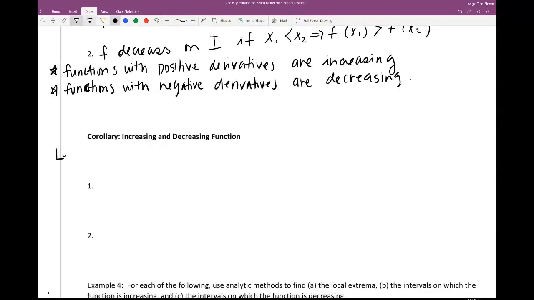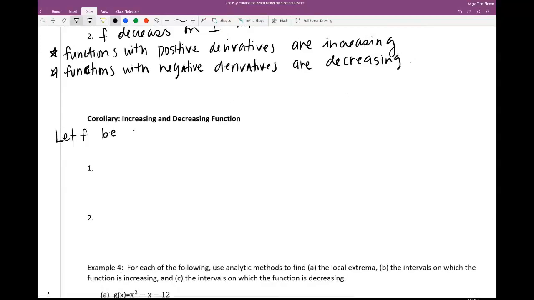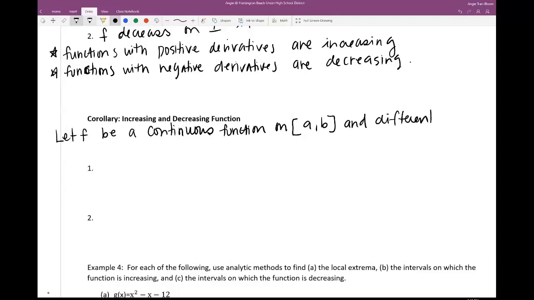Let f be a continuous function on closed interval a to b and differentiable on open interval a to b.